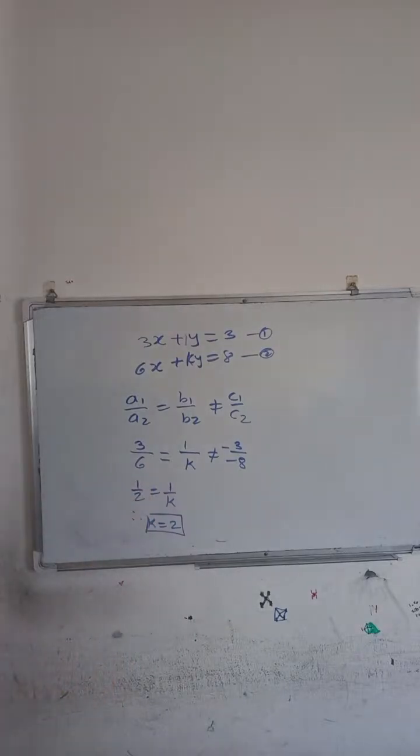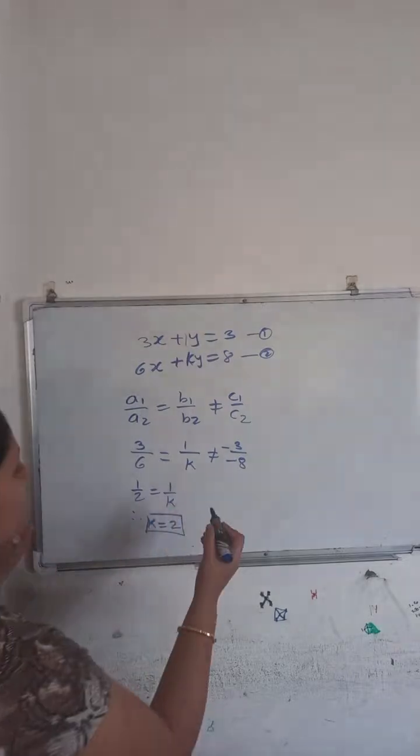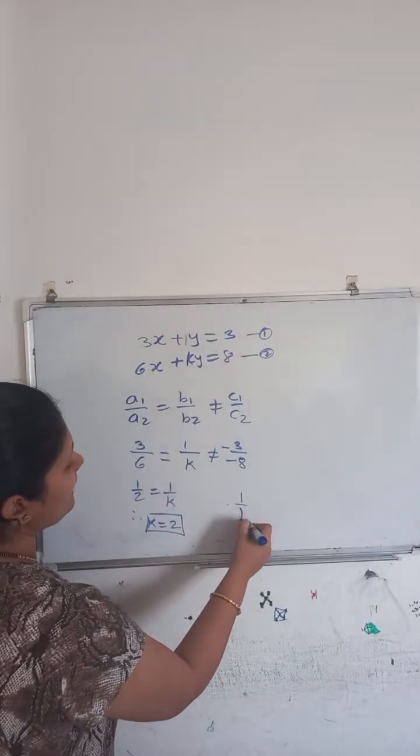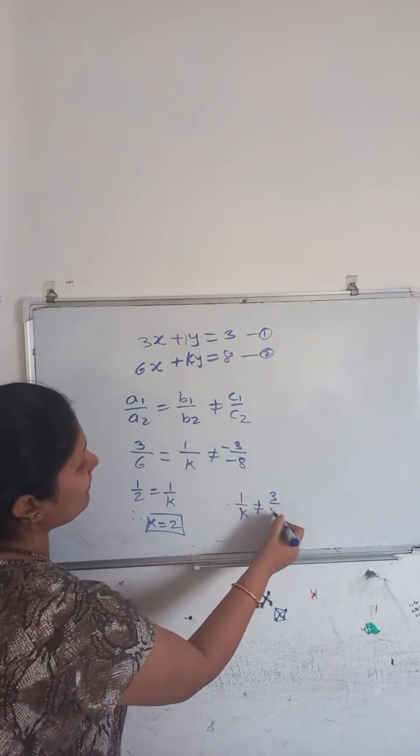Getting this, how to solve? And if they are asking this condition, find out the values for k, that means if they want two values, then you will get here 1 by k, which is not equal to 3 by 8.